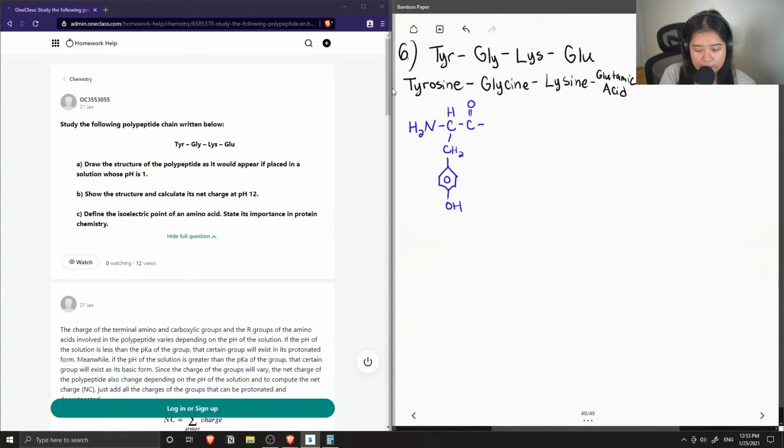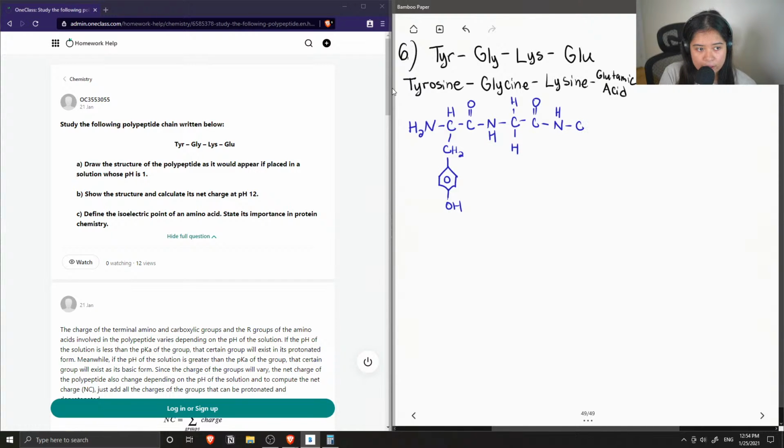And then I'll just start to draw the next amino acid, which is glycine. So here is glycine's amino group. And glycine is one of the simpler amino acids, so its R group is only a hydrogen. And then this is its carboxyl functionality. And now we'll start to draw lysine. So this is the amino group on lysine.